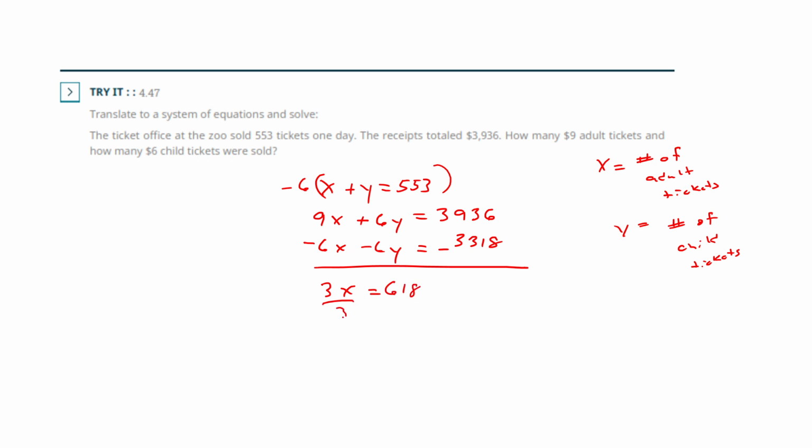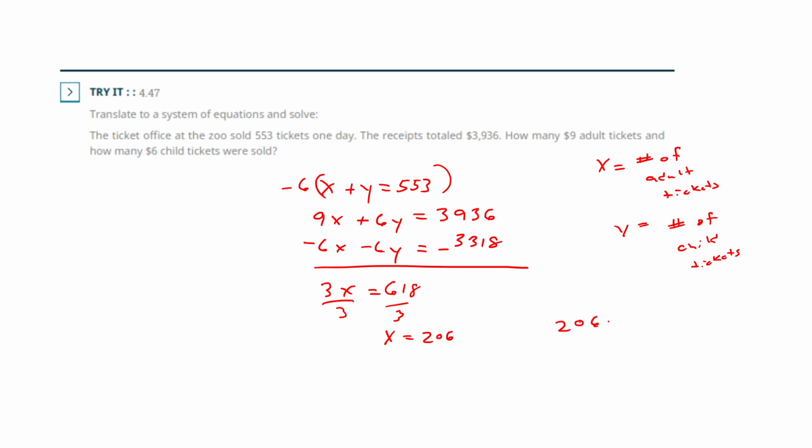Now we can solve for x by dividing both sides by 3. And I get x equals 206. Okay, so that was x, so that is the number of adult tickets. Now I can go into any equation I want, and I'm going to go back to this original one before I ran a -6 through there.